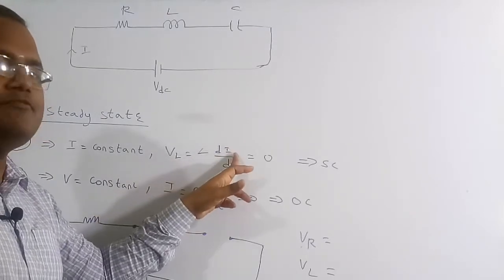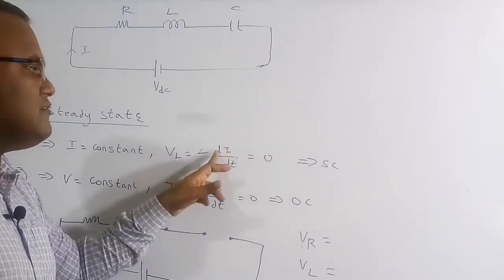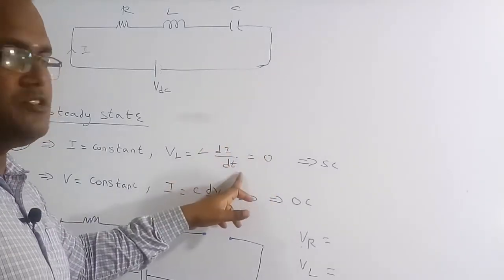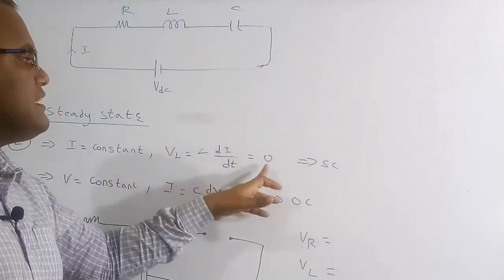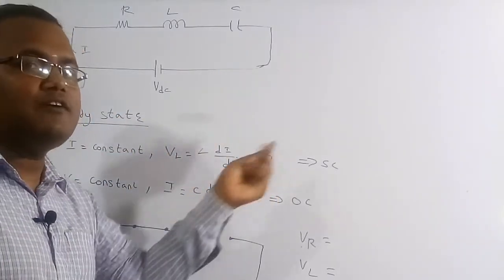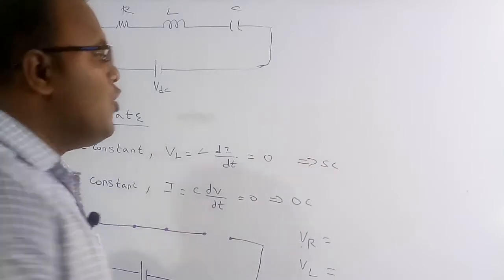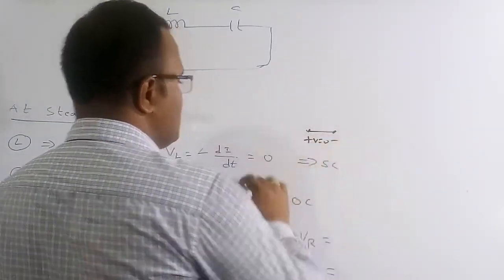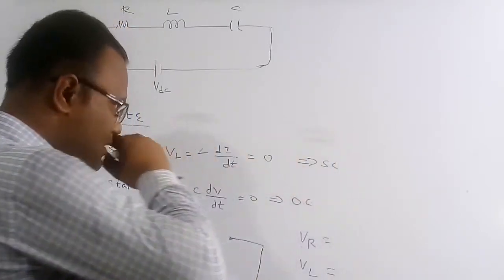As the current is a constant value, the derivative of the current will be 0. So the voltage across the inductor will be 0 at steady state. If the voltage is 0, we have to treat it as a short circuit, because only in a short circuit is the voltage 0. That is the reason we do a short circuit.